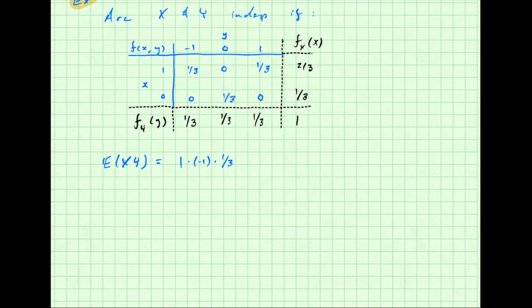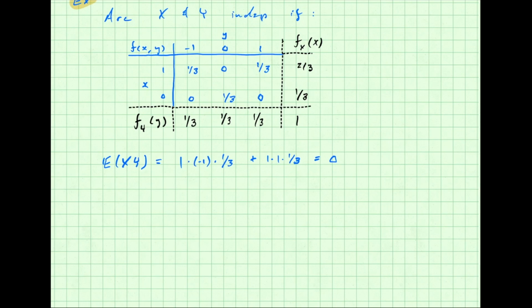The third one would give me 1 times 1 times 1/3, so I do get that one. And then the bottom row, they're all going to be 0 because x is 0 there. So that's it for the expected value of the product. This is minus 1/3 plus 1/3, and so this is 0 for the expected value of the product.